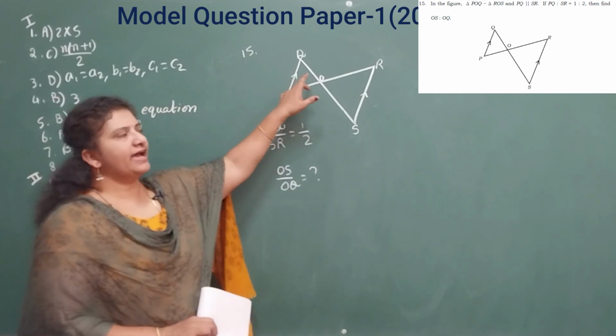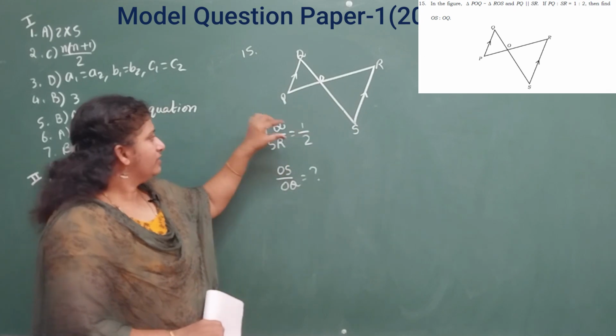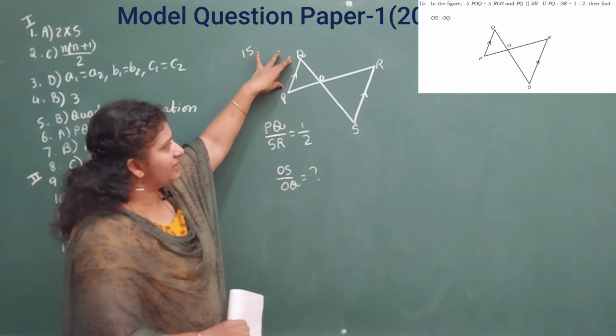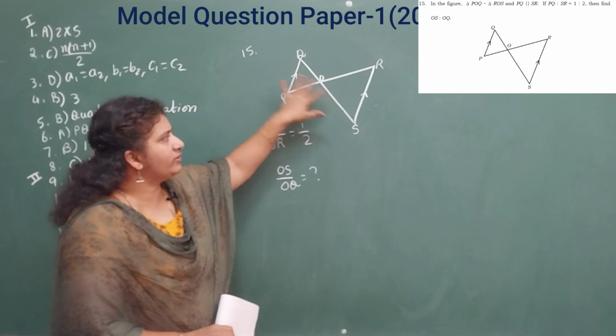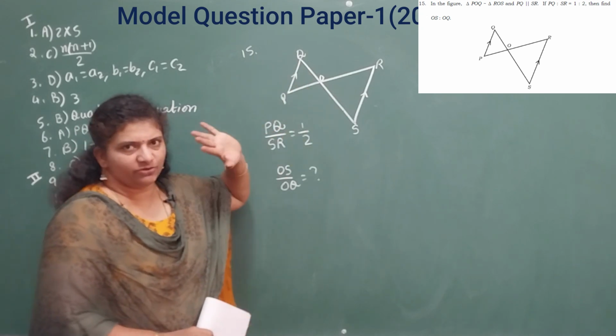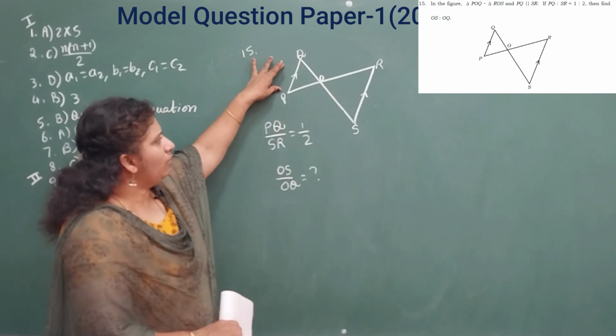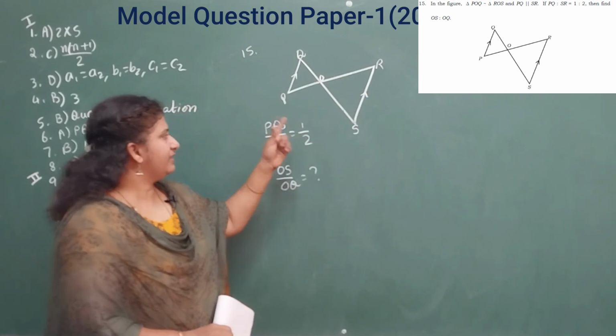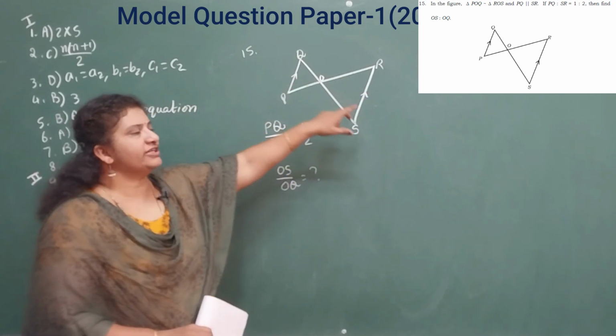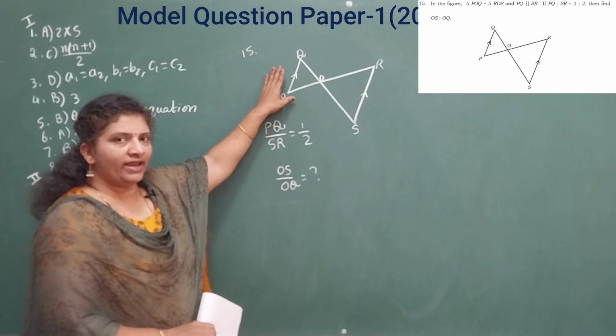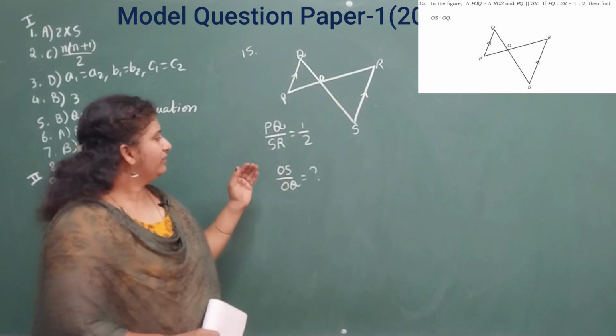Observe, these two triangles are similar, given. So where is PQ? PQ is nothing but the small triangle. Among these two, this is small, this is big. PQ by SR given, that is 1:2 ratio you have. Small triangle 1 and big triangle 2 ratio there.